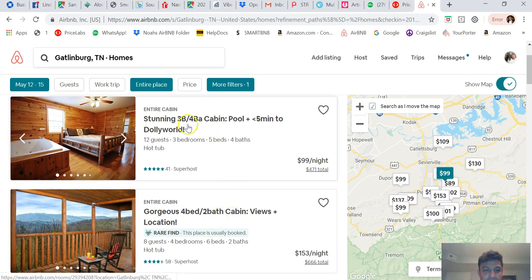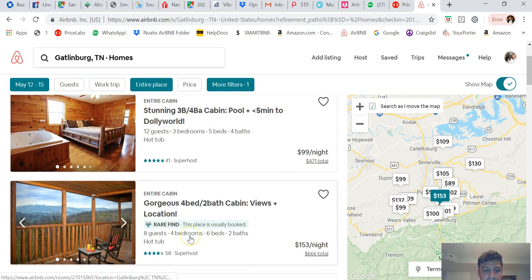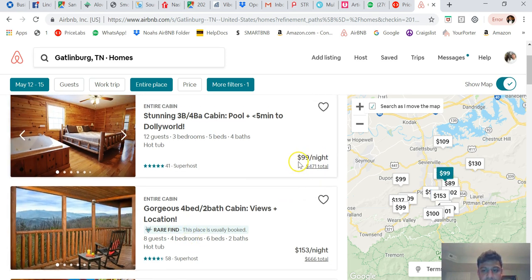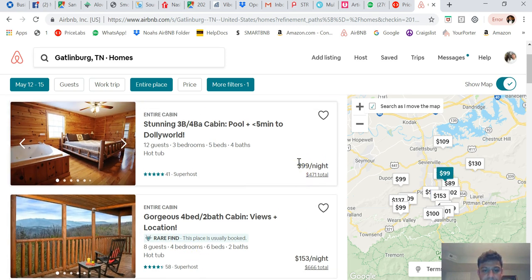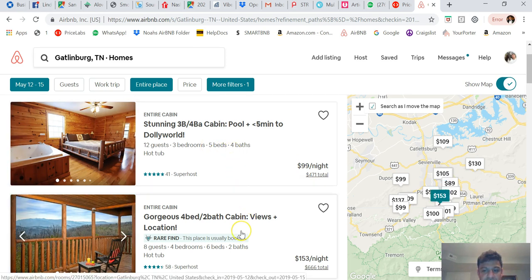Our Kissing cabin, which is 3 bedrooms, 4 bath, is actually significantly cheaper than our Judy Top cabin. So if we feel like we're underpriced at $99, we might bring this property's price up to meet this one, or a little bit less, but close by.